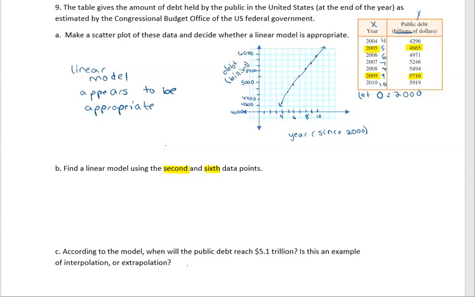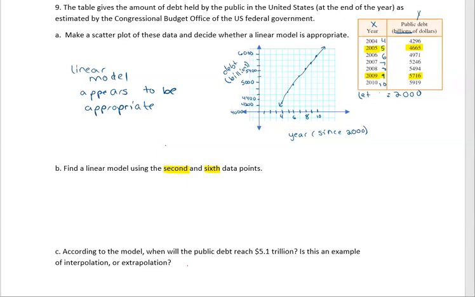So what it means is we're trying to write an equation of a line through those points. So we're going to use these points to find our slope. Now remember, when we were writing everything, we said that 0 was equal to 2000. So that means that our data points are going to look like 5 and 9, and then the corresponding y values.